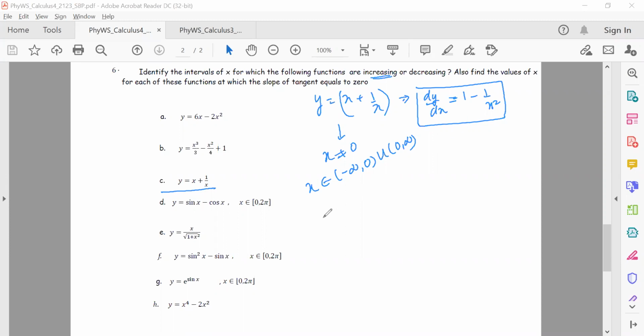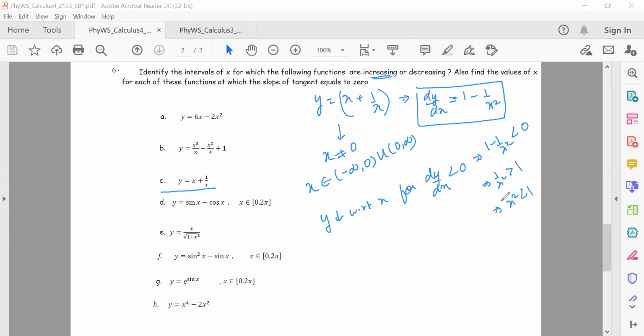So anyway, y is decreasing with respect to x for dy by dx being negative. So 1 minus 1 by x square being less than 0. So 1 by x square being greater than 1.